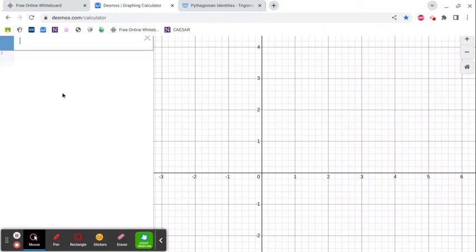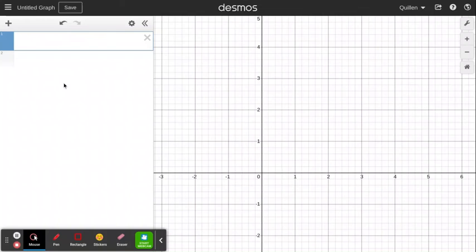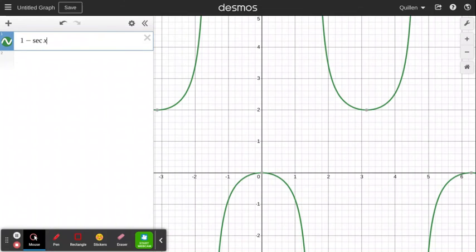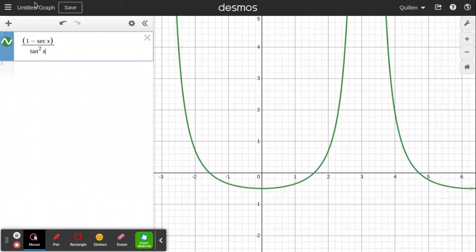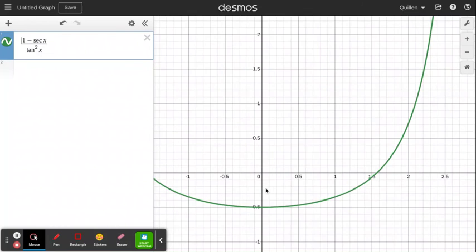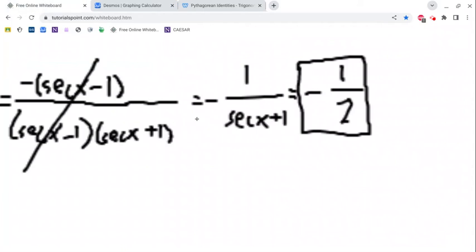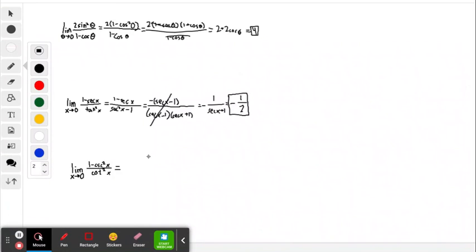So if we just move over here and type in our original expression, 1 minus secant x over the tangent squared of x, we can zoom in and see that it does appear to pass through -0.5, meaning our answer is correct. All right, now I want you to solve this final example.